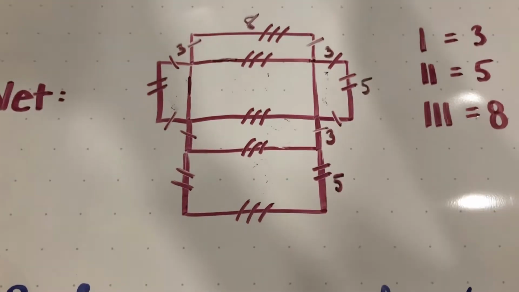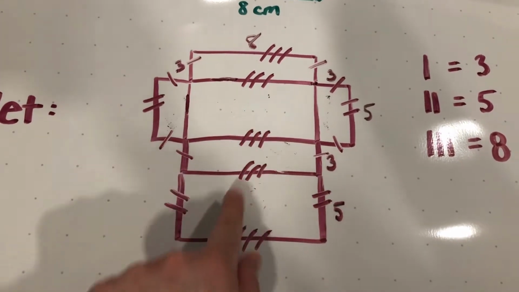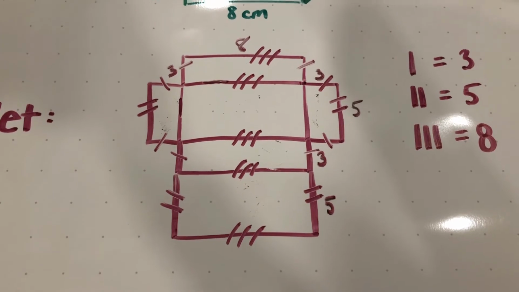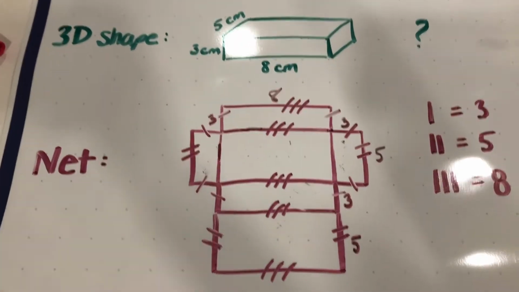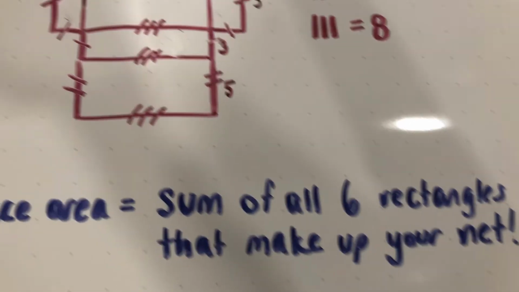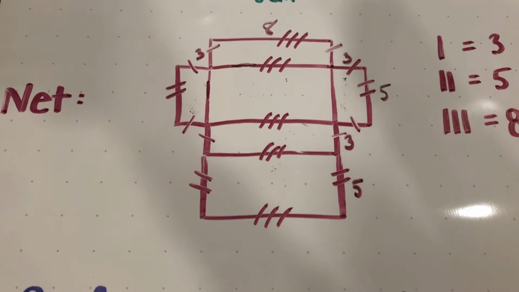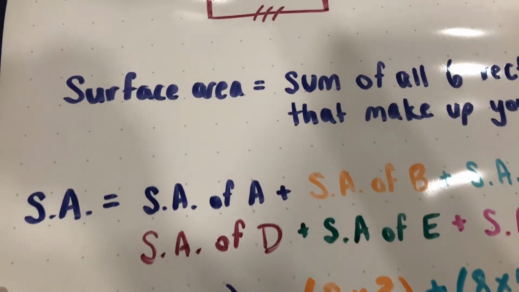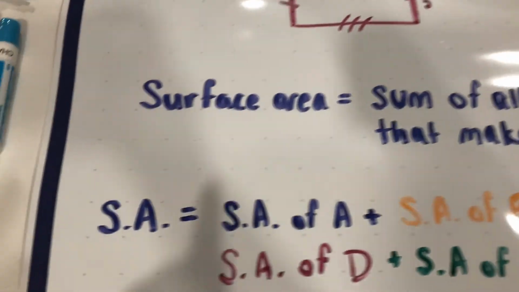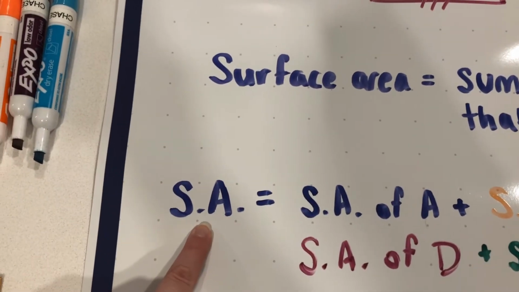Notice we have 1, 2, 3, 4, 5, 6 rectangles when we flatten out our 3D shape. All we're doing is adding up the area of the rectangles that exist on the net. So here we go. I've shortened surface area to SA.